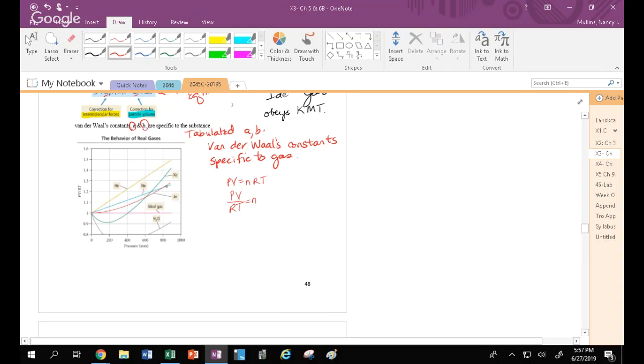Most of them behave fairly consistently. However, the ones that are completely nonlinear, those would be the real gases. These are the ones that don't follow it very well. In a perfectly ideal gas, both of these correction terms would be 0. And that's what this is trying to show you.